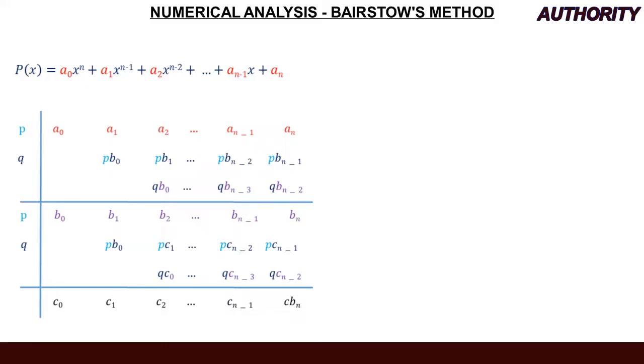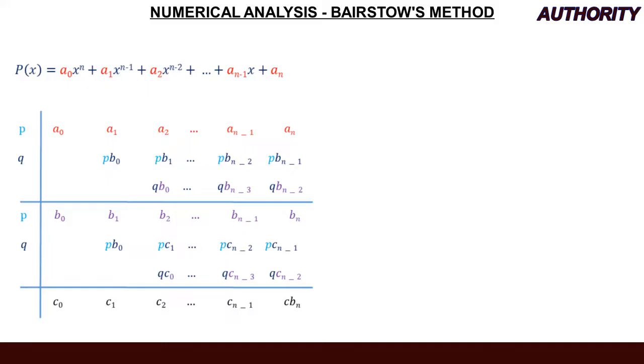Now, when we arrange it like this, pay attention. We first of all bring down this a naught. Below this line is going to be the result, and the result is going to be b naught.